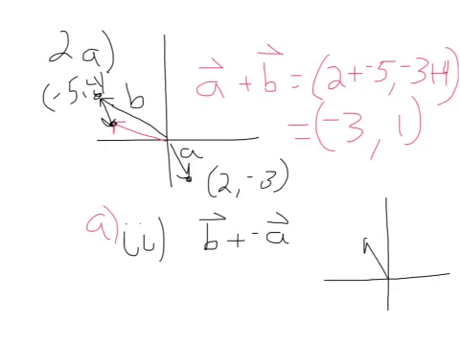So the opposite of A has the coordinates of negative 2, 3. And I need to add that to B, which still has the coordinates of negative 5, 4.